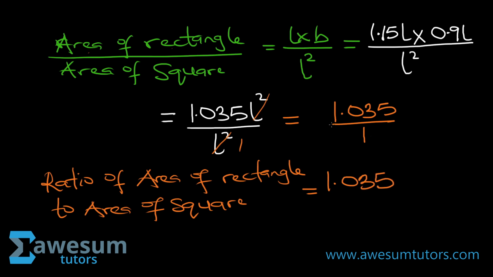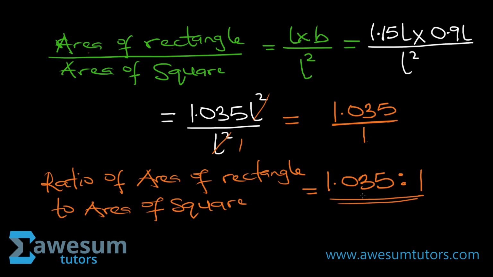Very good. Then this division sign is the ratio sign. And what do you have here? 1, which is from here. So your final answer is 1.035 ratio 1. Very good, guys.